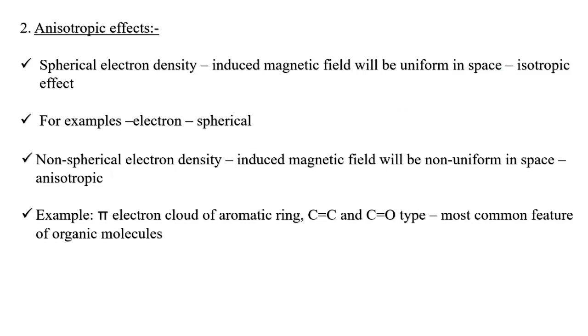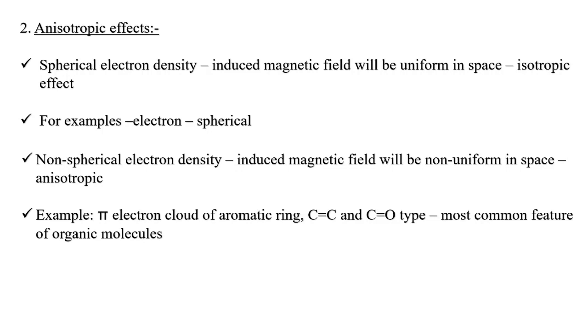Now the second effect is the anisotropic effect. A spherical electron density will generate an induced magnetic field that is uniform in space, which we call the isotropic effect. For example, an electron cloud, we can say electron has a spherical electron base.